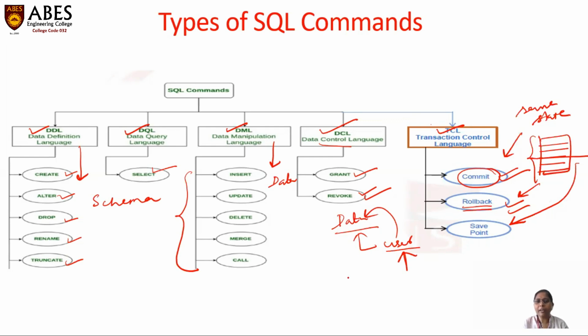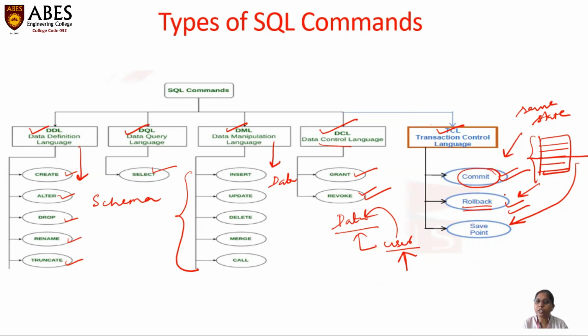So while we're going to withdraw some money from an ATM, after performing the operations, suppose your amount is not withdrawn from the ATM machine, but it is deducted from your account.